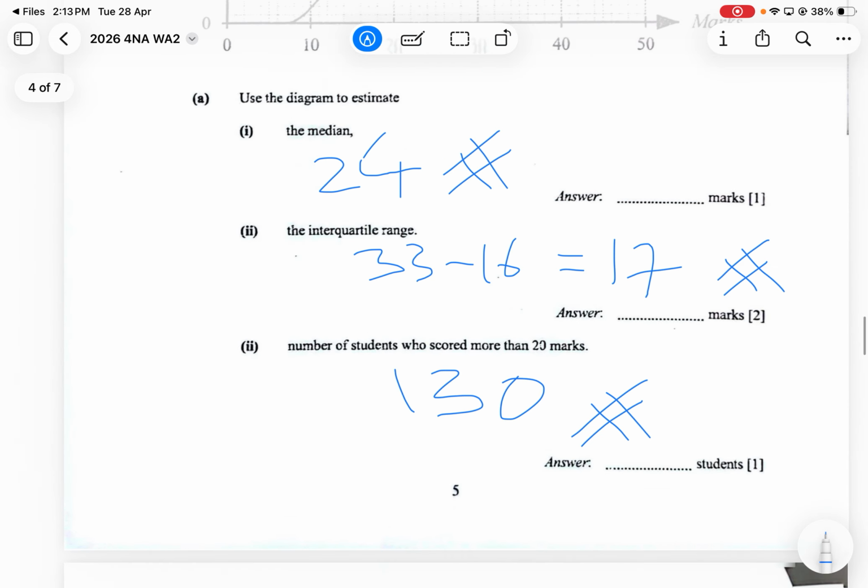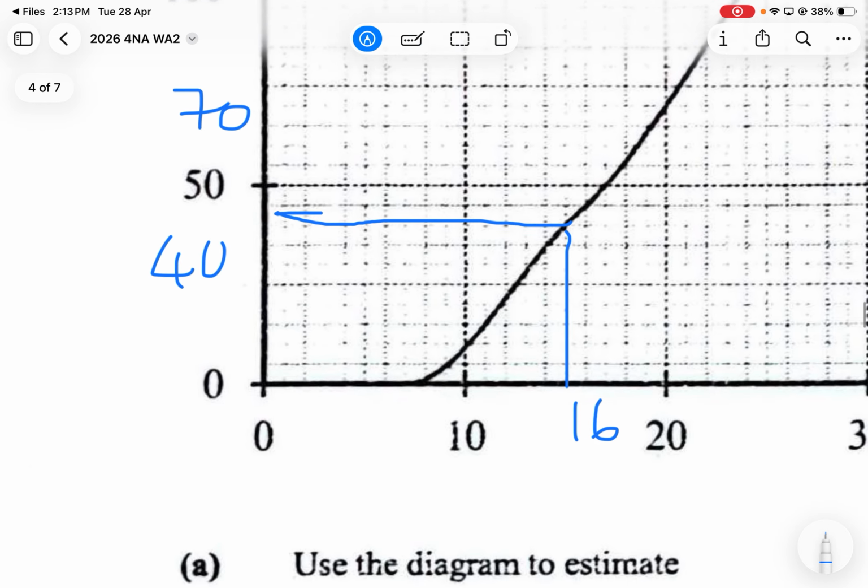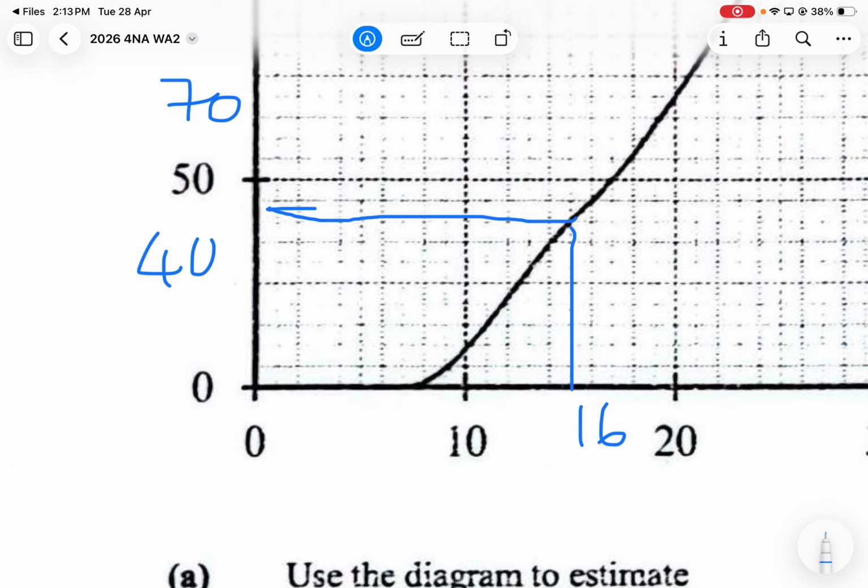Cannot. 16 is the lower quartile. It is this 50. Hey, did I read wrongly just now? I also read wrongly there. 9, 8, 7.